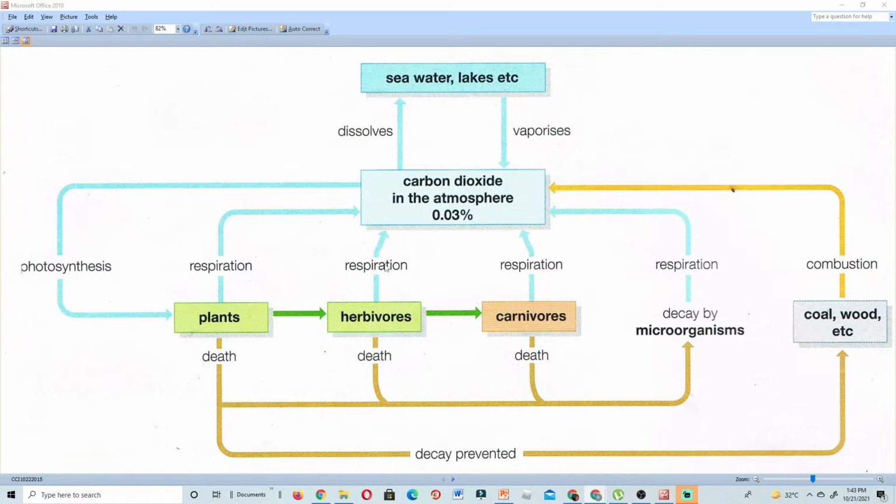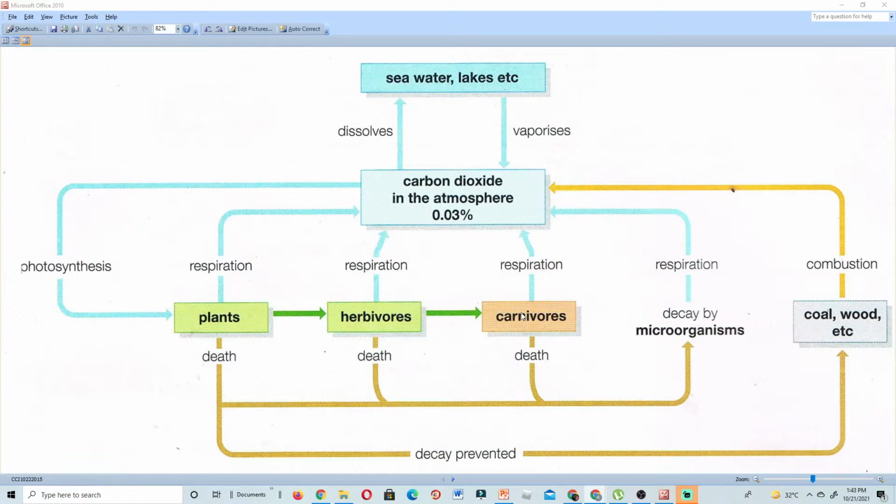Herbivores, this is a category of living animal. Carnivores, a category of living animal. So human beings, for example, when we breathe out, when we exhale, we give off carbon dioxide. So that is one way by which carbon dioxide goes out to the atmosphere.